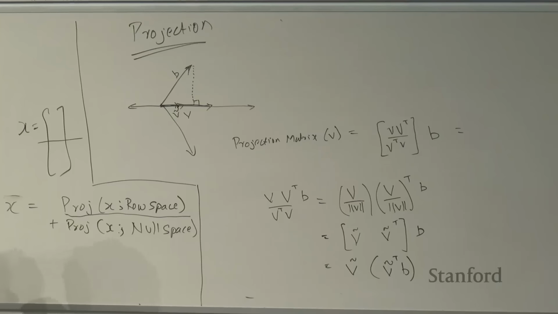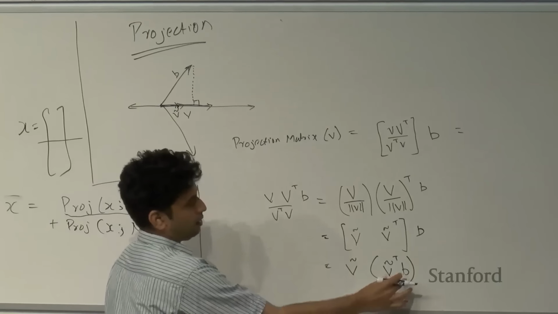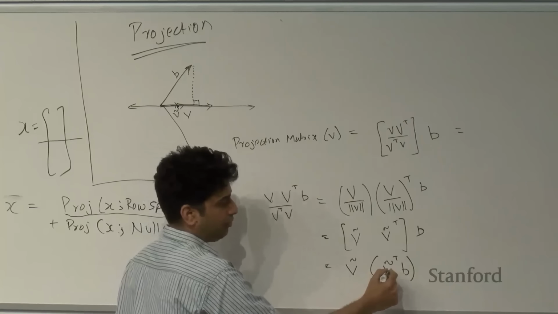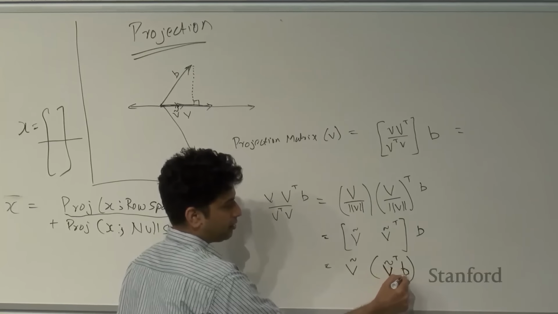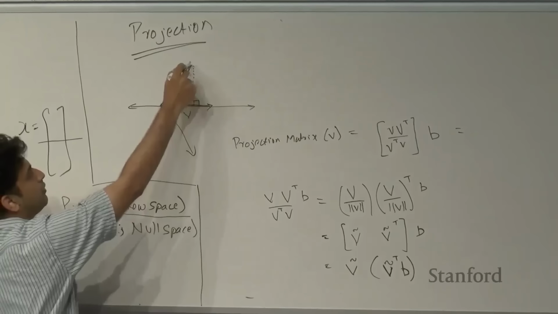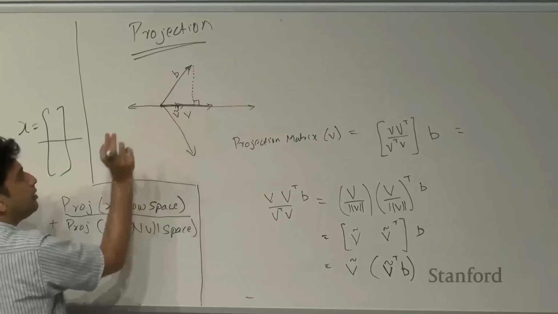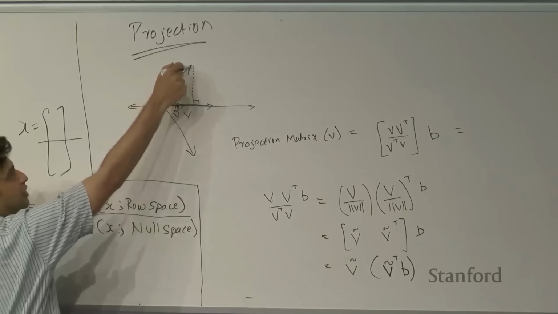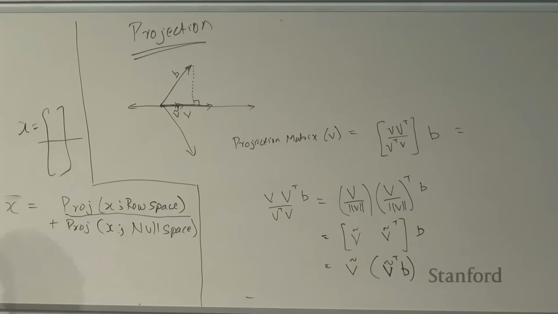Now, I'm going to write it as V tilde times V tilde transpose B. And this we know is, when you take the inner product between a unit length vector and any other vector, it's going to give you the length of the projection of this vector onto the unit length vector.